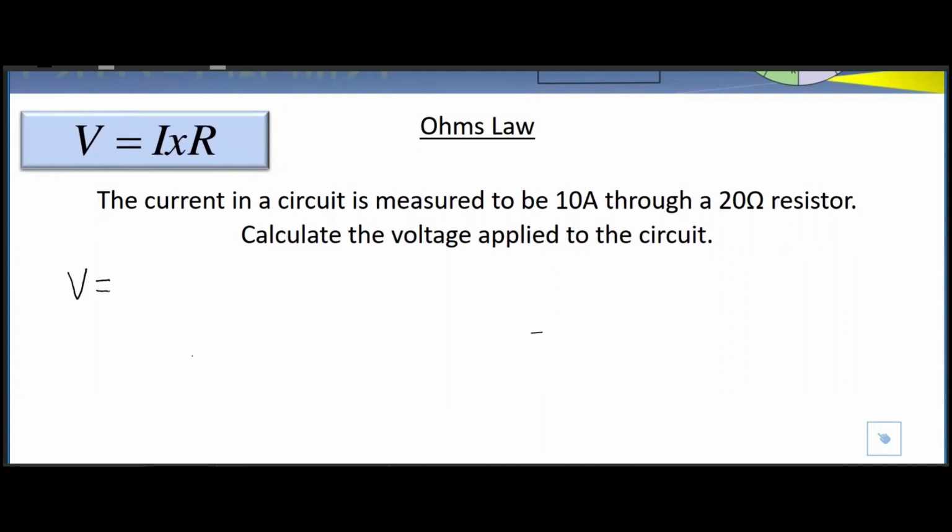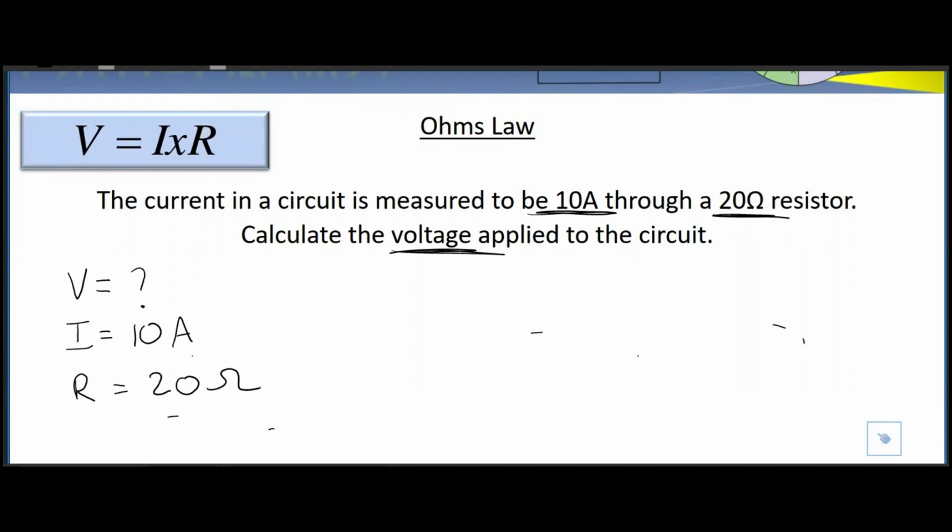So V equals question mark. We're trying to find the voltage. And what do we know? We know the current. So I equals 10 amps. And also we know the resistance. So R equals 20 ohms.